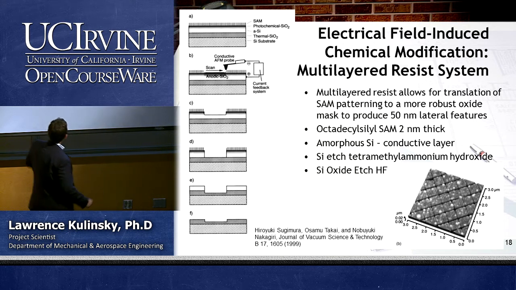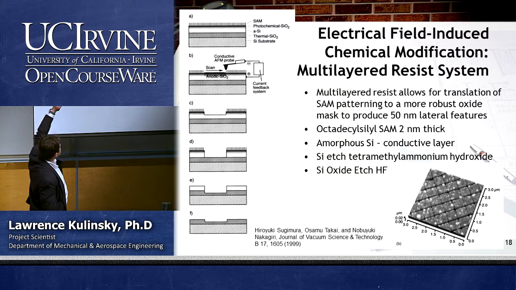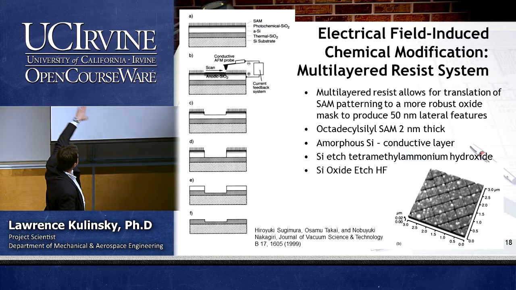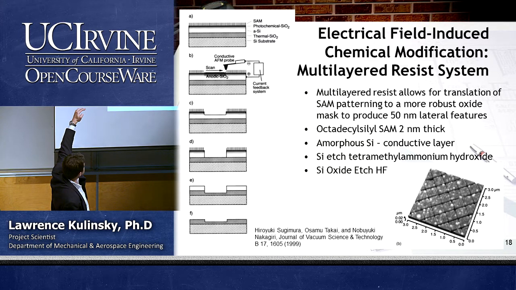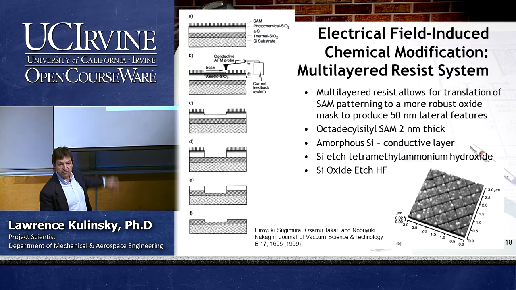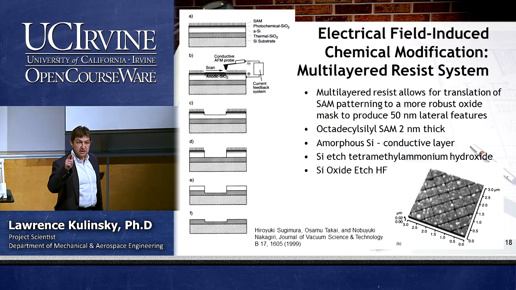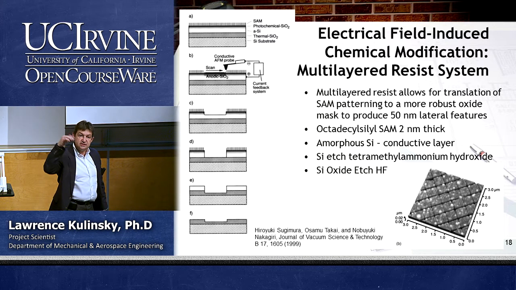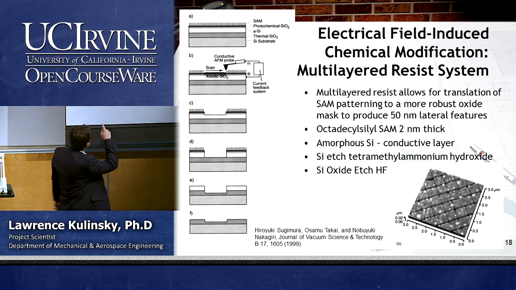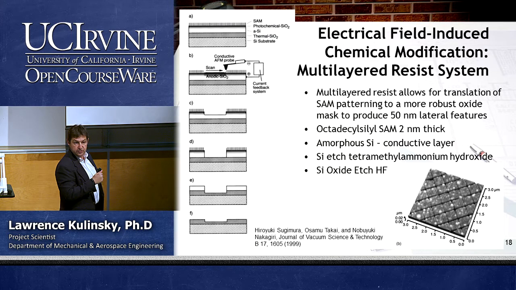So if you look at the cross-section of different layers, we have a silicon substrate going from the bottom up. Then on the silicon substrate you have an oxide. Then on the oxide you have amorphous silicon. So that's the key. We need amorphous silicon, because amorphous silicon is your conductive layer. You will be applying current between this amorphous silicon and the probe tip.